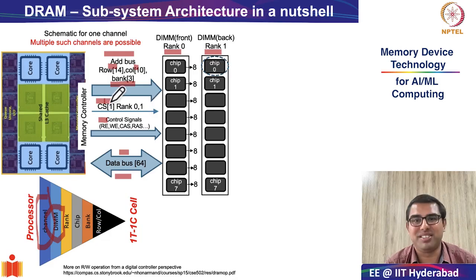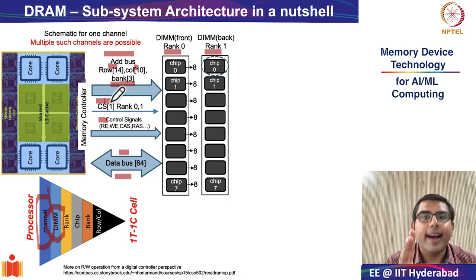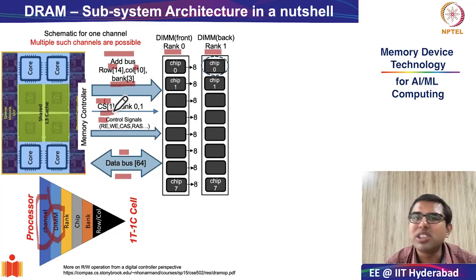And this chip select, which is 1 bit, actually selects which rank is to be selected in the dual inline memory module. Now, common sense would suggest that if you have more than 2 ranks, say 4 ranks or 8 ranks, 4 ranks is also used in server chips, the number of bits that the memory controller has to give out as chip select will keep increasing.